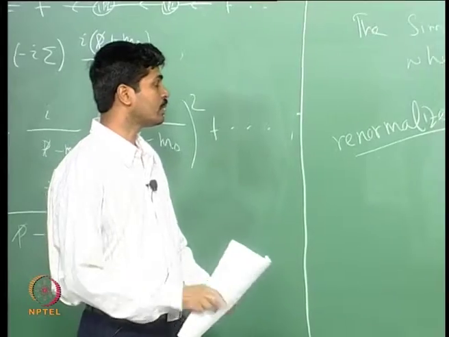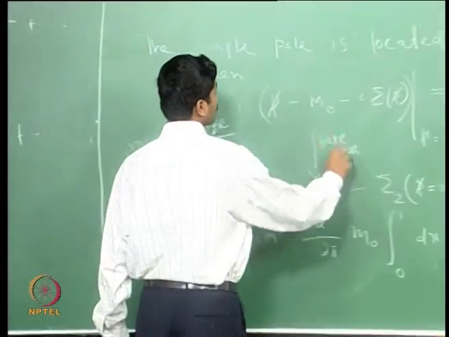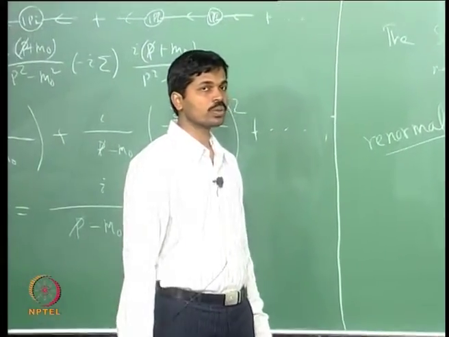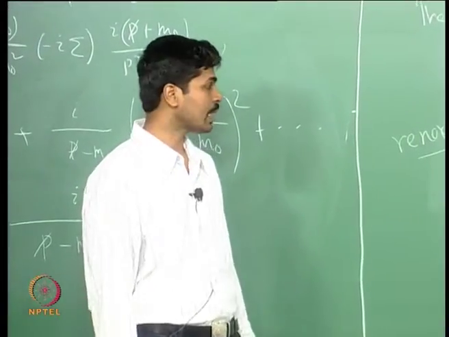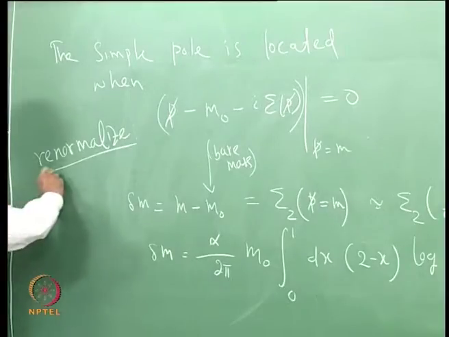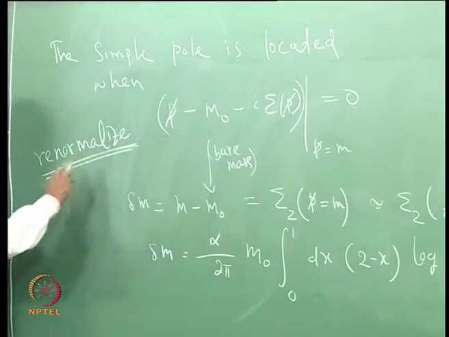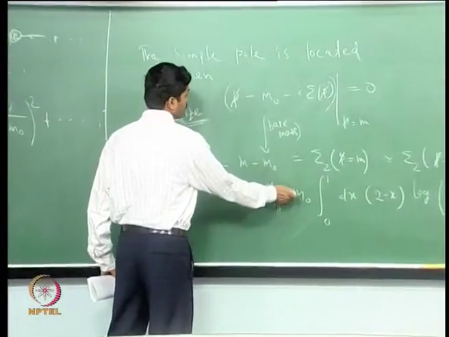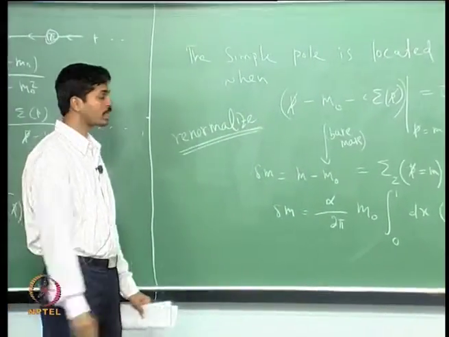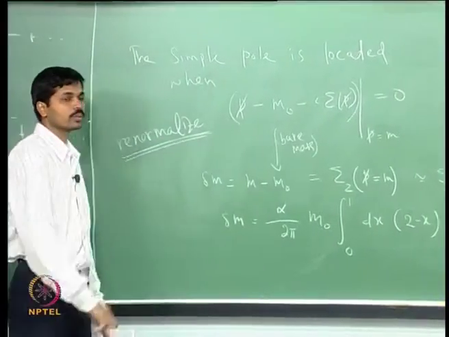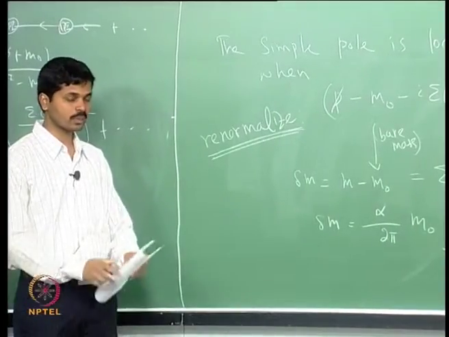You need to modify the QED Lagrangian you started with appropriately, so that it contains finite quantities. If this Lagrangian contains finite quantities, then the perturbation theory will of course make perfect sense. So by renormalizing, you absorb the divergence in the bare mass, and ultimately what you get is a finite quantity, and if you do the perturbation theory in terms of this finite quantity, then everything makes perfect sense.